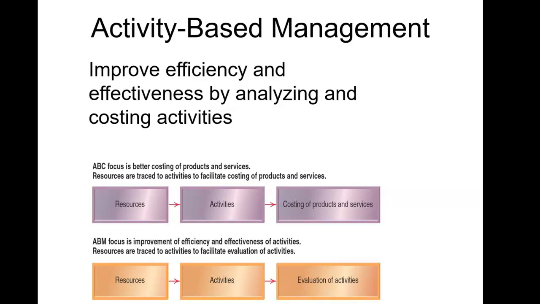Now that's ABC. ABM focuses on improving the efficiency and the effectiveness of these activities. If I can reduce these activities, I reduce the resources they consume and therefore would be more profitable. Resources are traced to those activities, and we look at evaluating whether that activity is value added or non-value added.